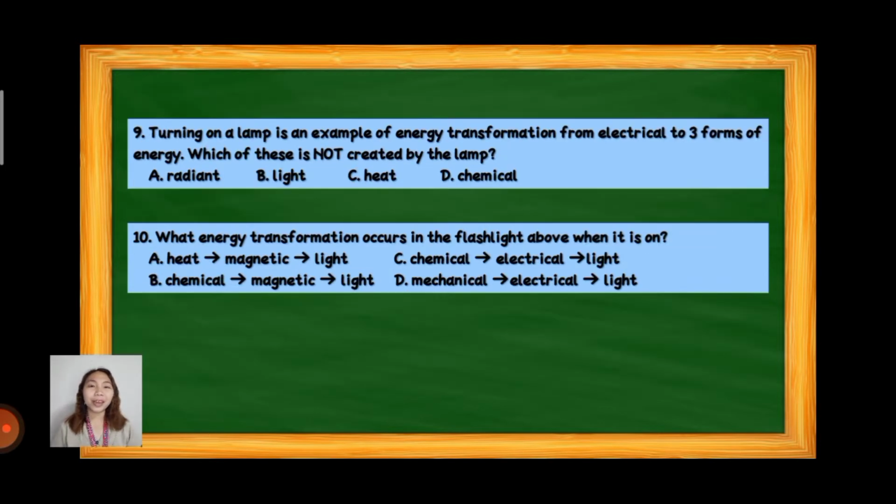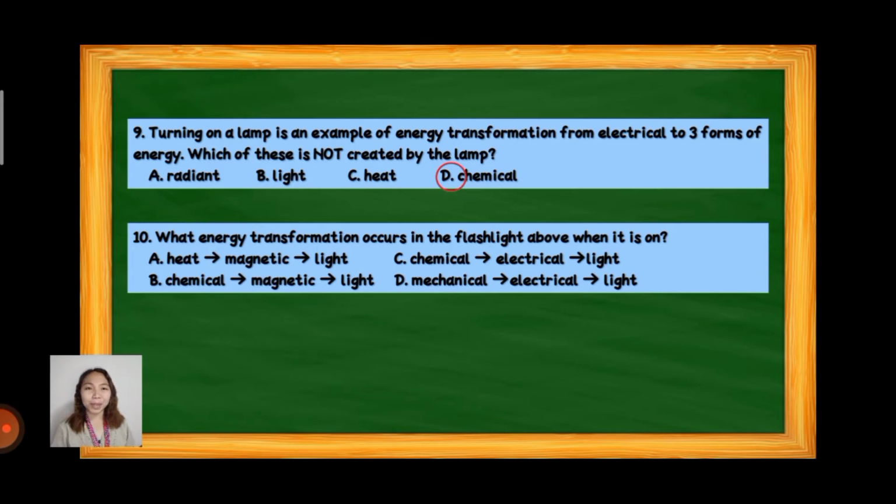Okay, number 9. Turning on a lamp is an example of energy transformation from electrical to 3 forms of energy. Which of these is not created by the lamp? So, electrical ha? Yes, the answer is chemical energy.